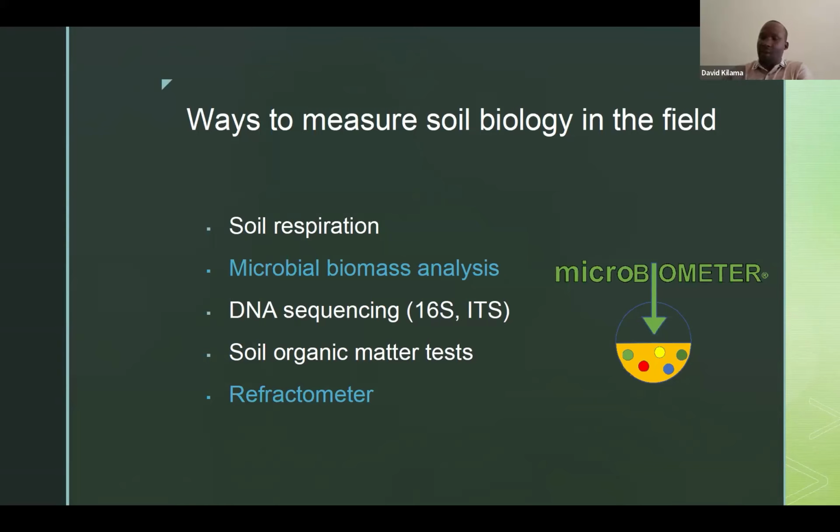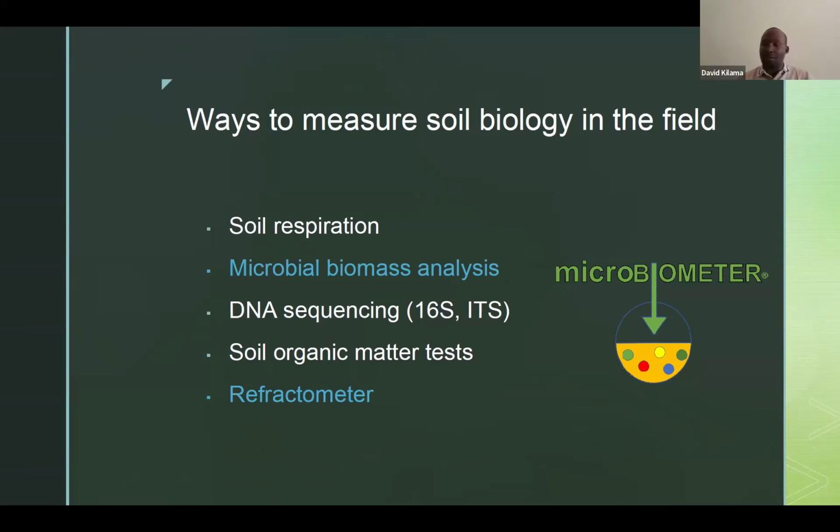Then we also have another one called microbial biomass. One of these we are using is called the microbiometer. We are going to look at it in detail, but other techniques under microbial biomass analysis include chloroform fumigation, which is one of the tools you can use to measure the biomass plus microbial community in the soil. Then also we have ATP assay. This uses energy compounds in the soil to estimate living biomass.